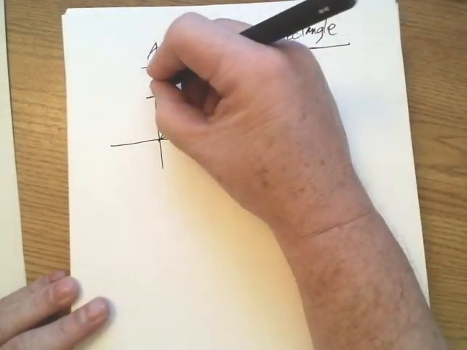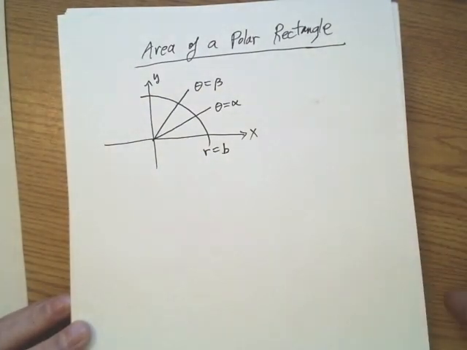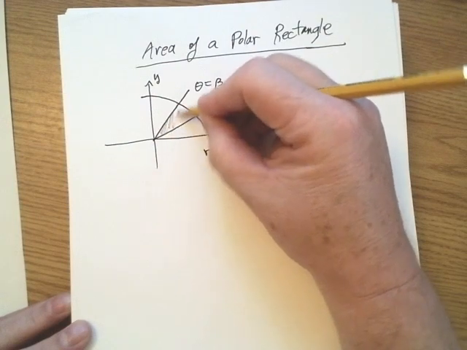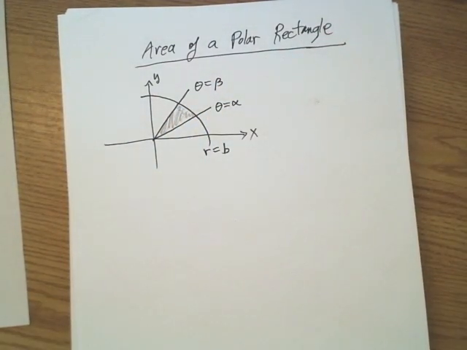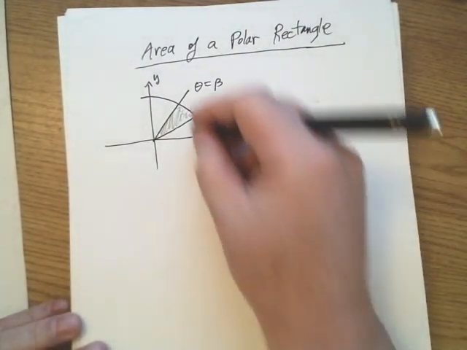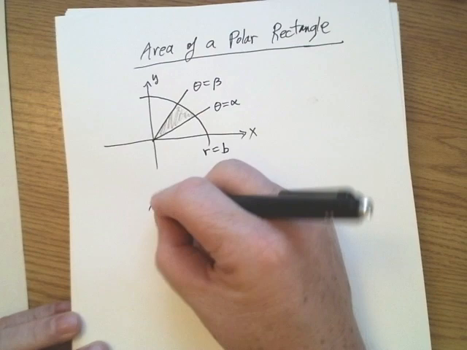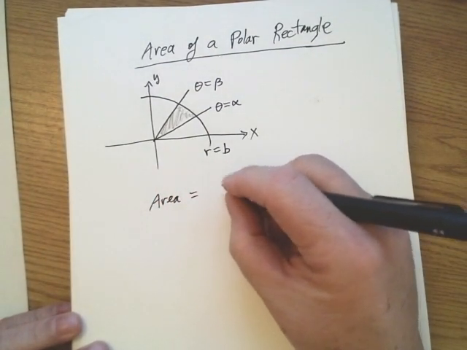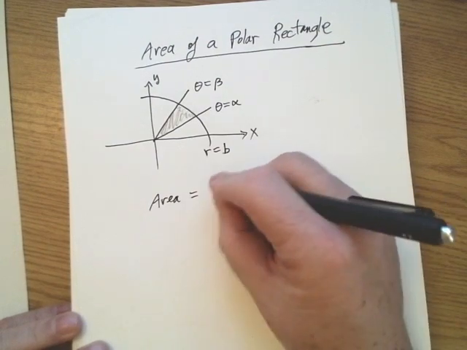This is x and y. All right, let's talk about finding the area of that whole pie slice. Well, it's actually going to be pretty easy. What you're going to do is take the area of the whole circle. What's the area of a circle of radius b? It would be pi times b squared.